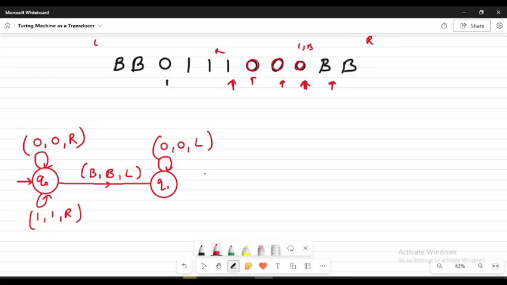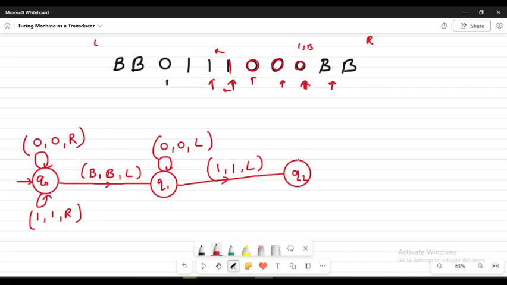Now whenever you see 1, keep it as 1, because this is the first 1, and move in the left direction. After that you will be in the Q2 state. After the first 1, whenever you see the next symbol, you have to start complementing, that is, do the 1's complement.